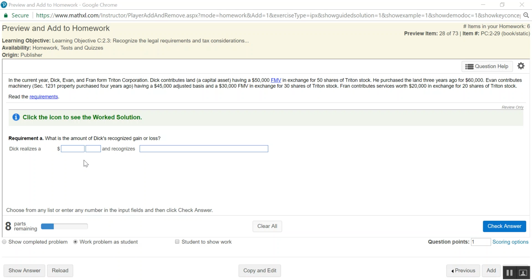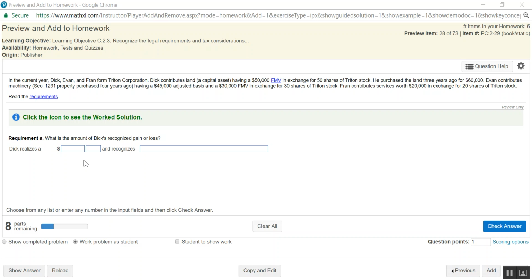And if those rules are met under 351, then the exchange is non-taxable. And that's important because normally when you give up property, you're going to have not only a realized gain or loss, but a recognized gain or loss. So we like when we can make 351 work for us.